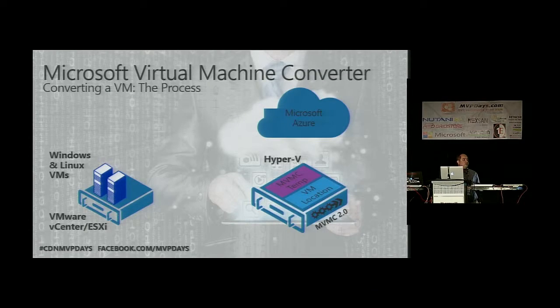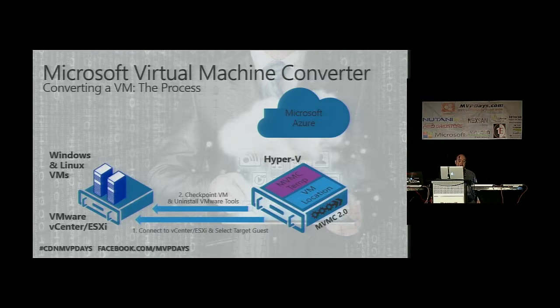Then, if you want to use Azure, you have to set up Azure on this. The first thing you do is connect the Machine Converter to the VMware world. Second, for all the checkpoints that you have on that virtual machine, the converter will contact VMware and say, hey, just merge them into the same disk, even if you have them. Sometimes that's the difference between the process being too long or too fast.